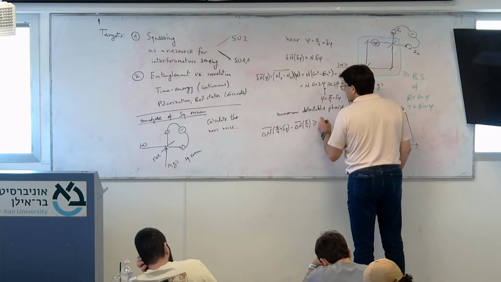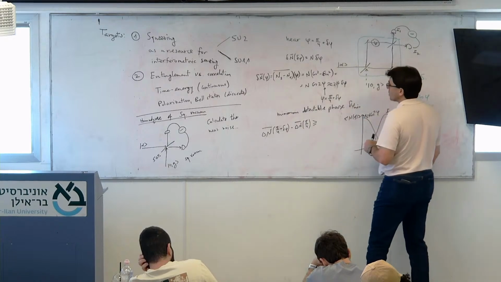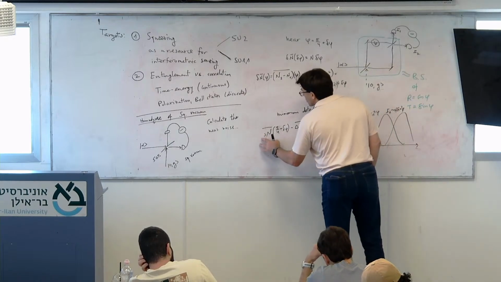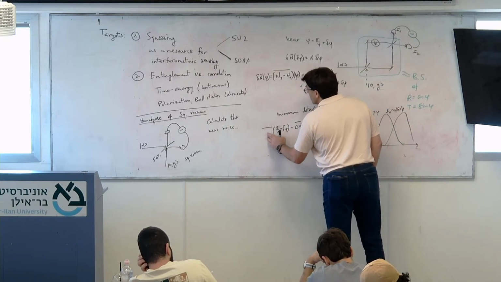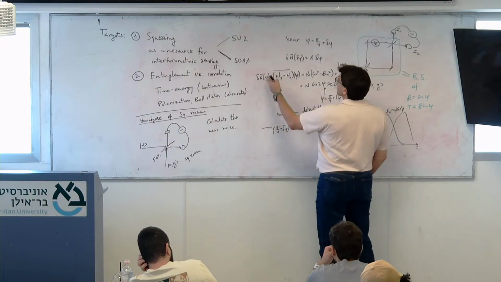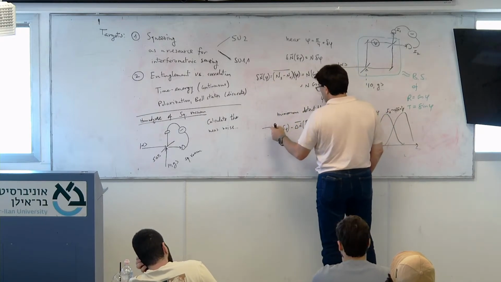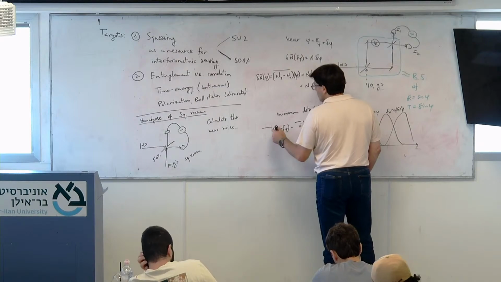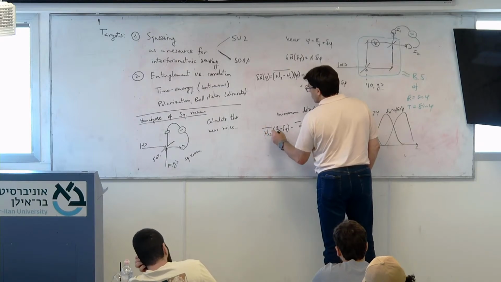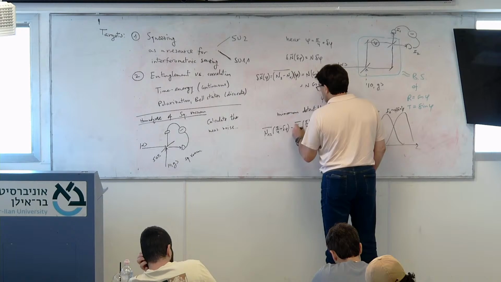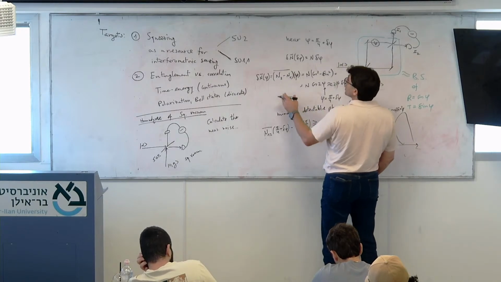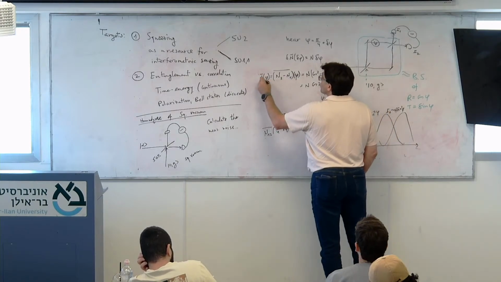I don't want to call it delta n, these deltas are too much, so let's call this n12, and I'll call this one an average 1, 2.